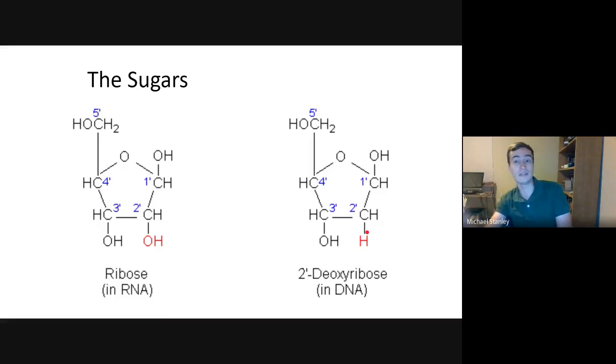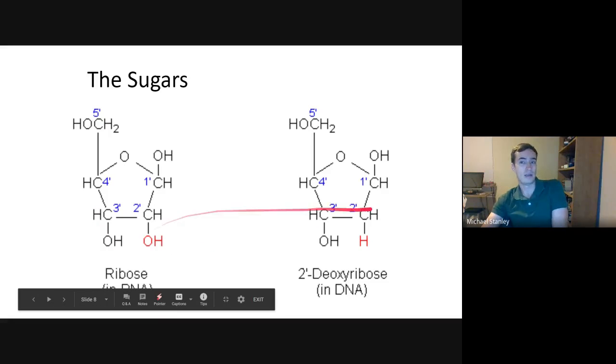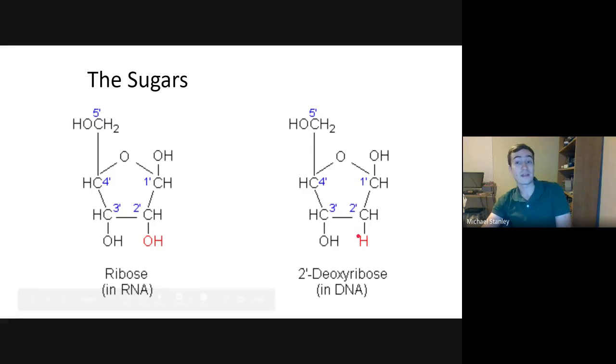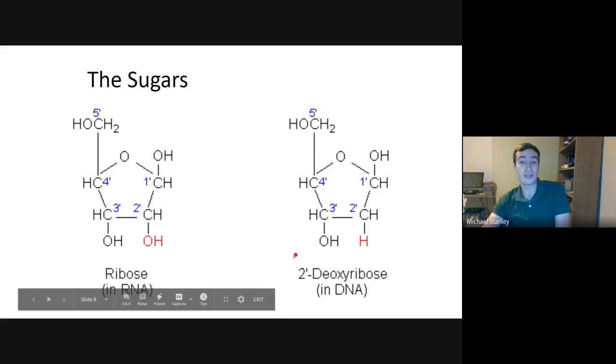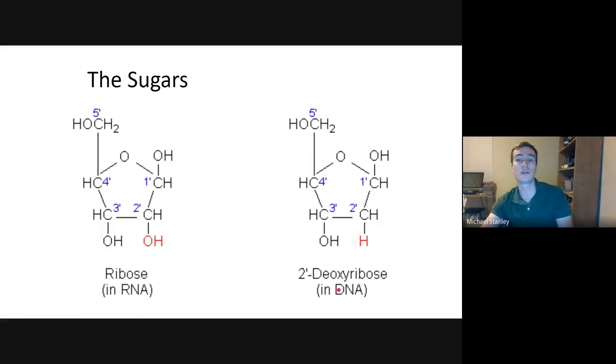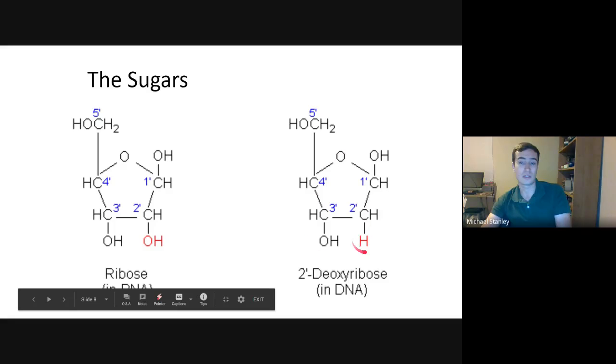It's just an H. So instead of being ribose, this is ribose minus an oxygen. So scientists called it deoxyribose, basically just a fancy way of saying ribose that is missing an oxygen at this part right here. So the D in DNA comes from deoxyribose, meaning the sugar missing this particular oxygen down here.